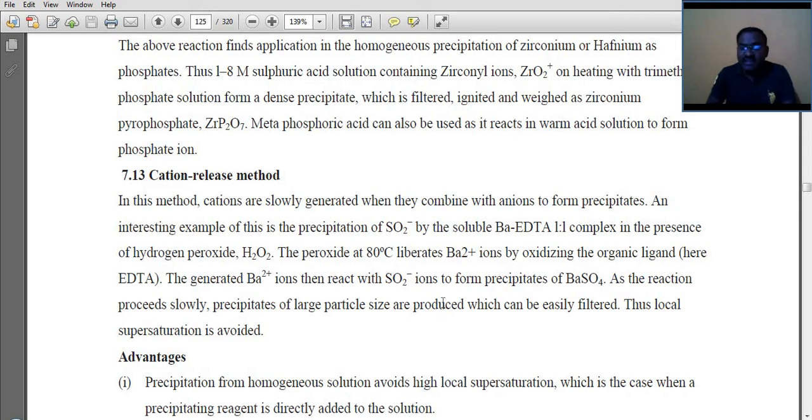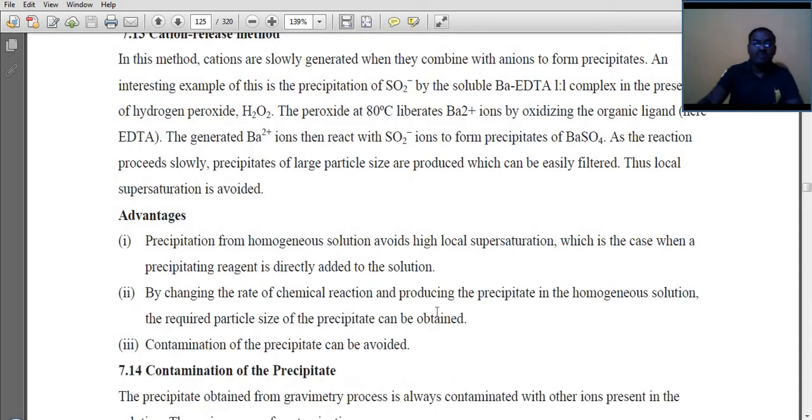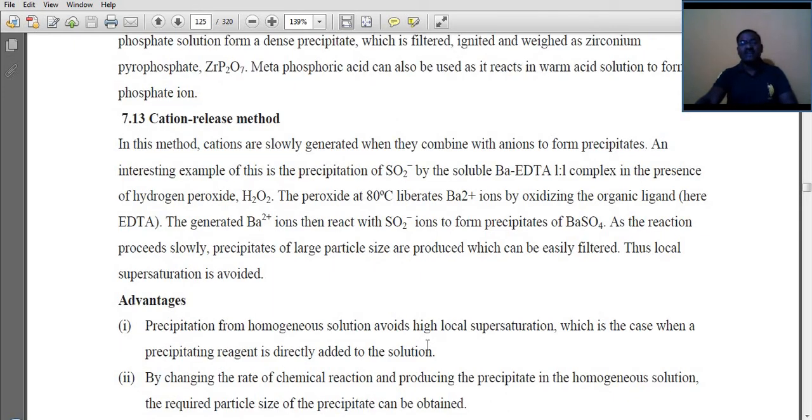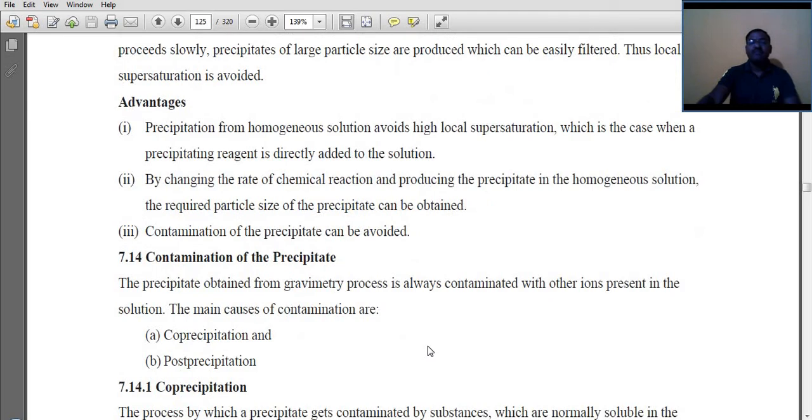An interesting example of this is the precipitation of sulfate by soluble barium EDTA 1:1 complex in the presence of hydrogen peroxide. What are the advantages of this method?